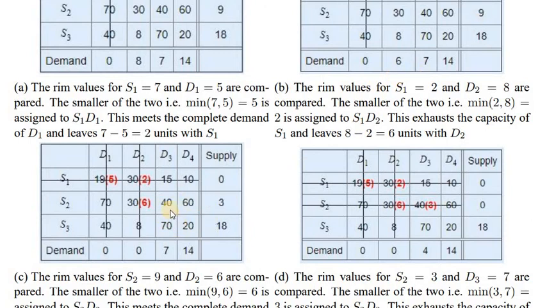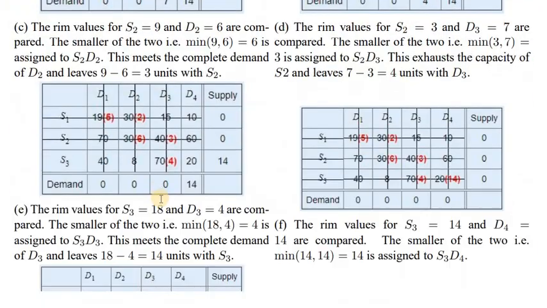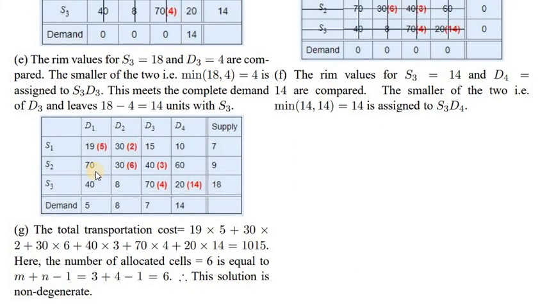In the remaining cells, select the 40 as the northwest corner, and take the minimum of 3 and 7. Select 3 and subtract 3 from 7, so we get 4. At last we get a single row, so assign 4 over here and again assign 14 over here, and we see that this is the final assignment.